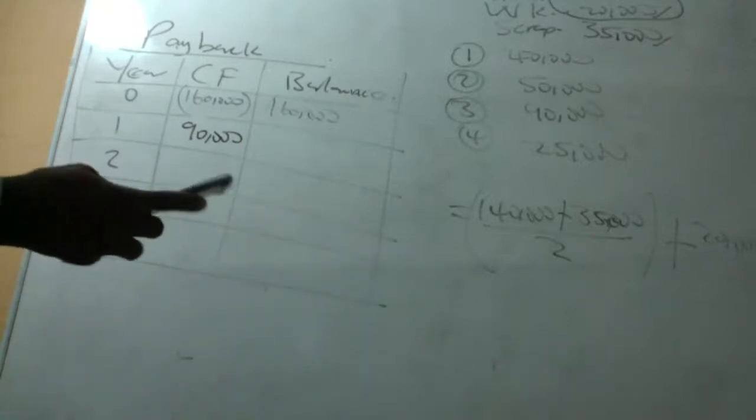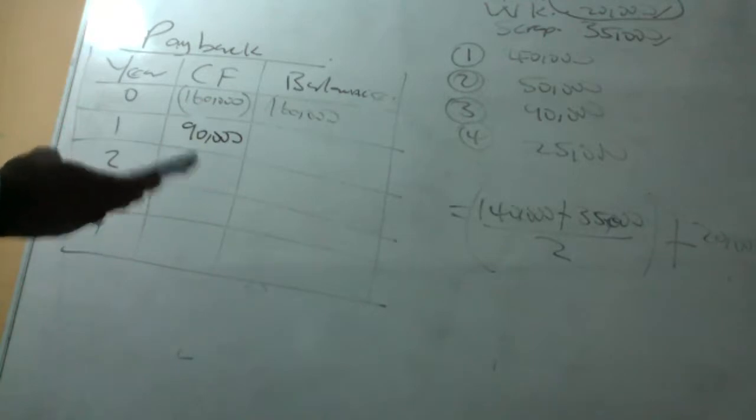So it will be 160 less 90, right? That's 70. Good. So that's 70.